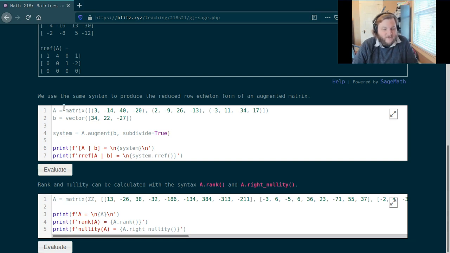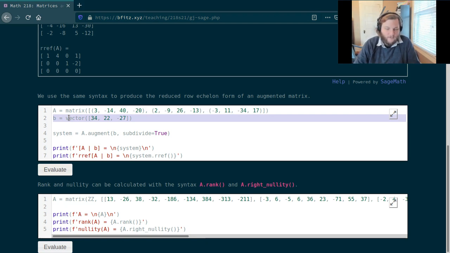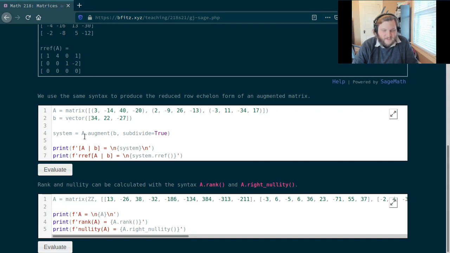So the syntax for this is we define our coefficient matrix A, and then we define the augmentation vector as B here. And then on this fourth line, I'm defining the system with the augmentation syntax. And then the two print statements will print out the augmented matrix, so we can verify that we input the data correctly. And then the second print statement will spit out the reduced row echelon form of the system.